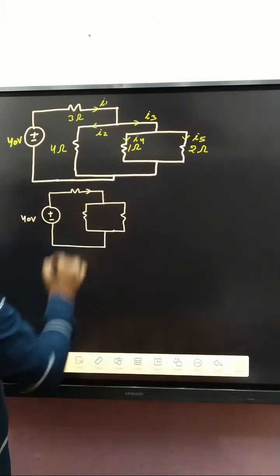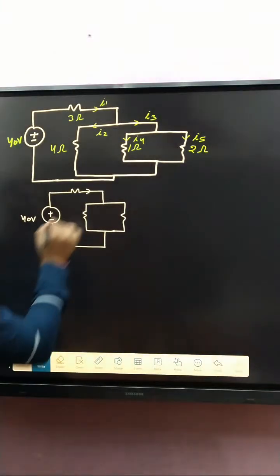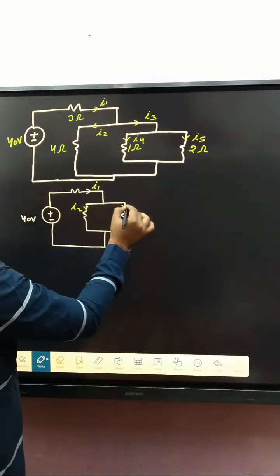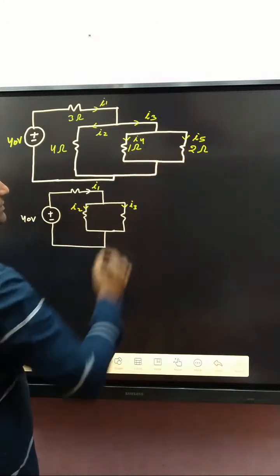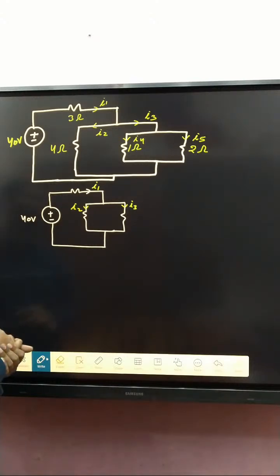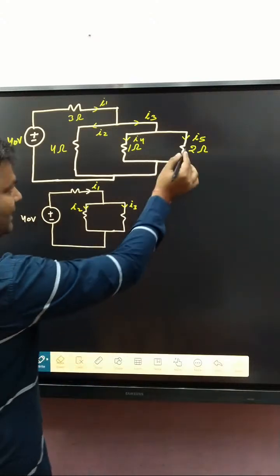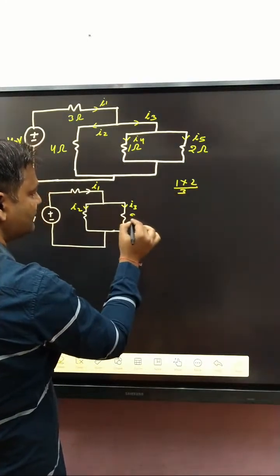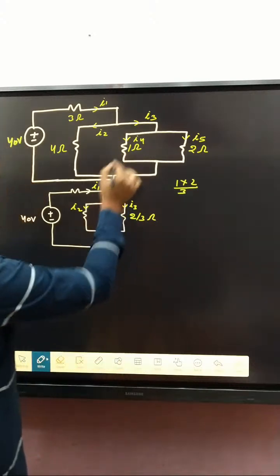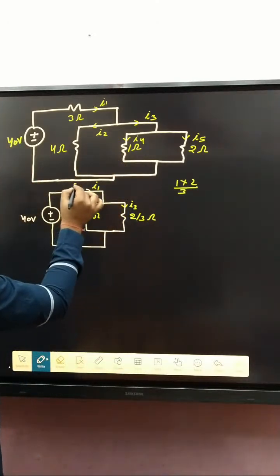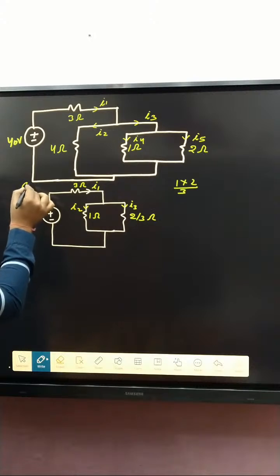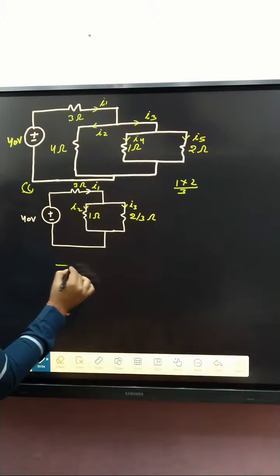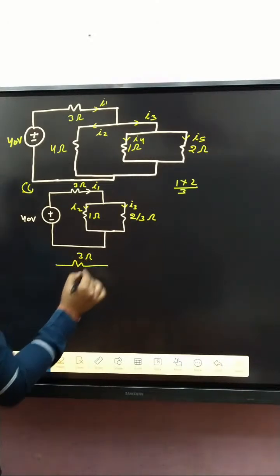Here I1, here I2, and here I3. Combination of these two, how much? Both are parallel, so 1 into 2 divided by 2 plus 1, that is 3. So 2 by 3 ohm. And that one is 1 ohm, and that one is 3 ohm. After that, if you reduce that circuit again, then we got that is 3 ohm.